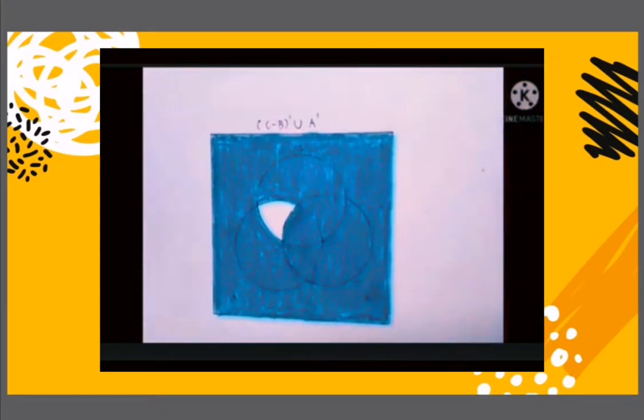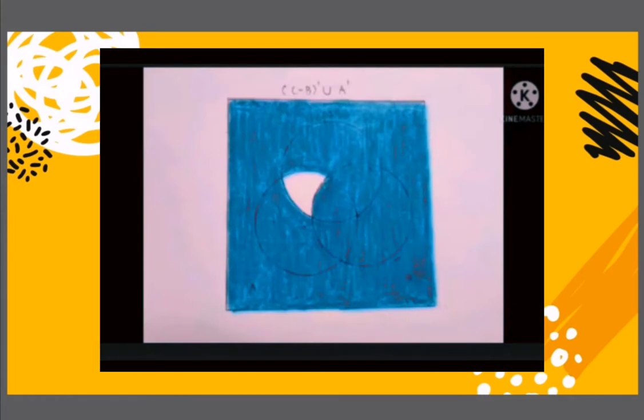So this is the answer of C minus B complement union A complement.